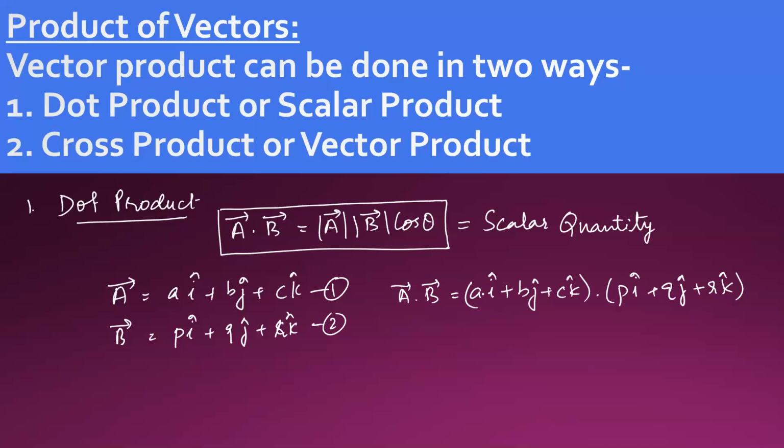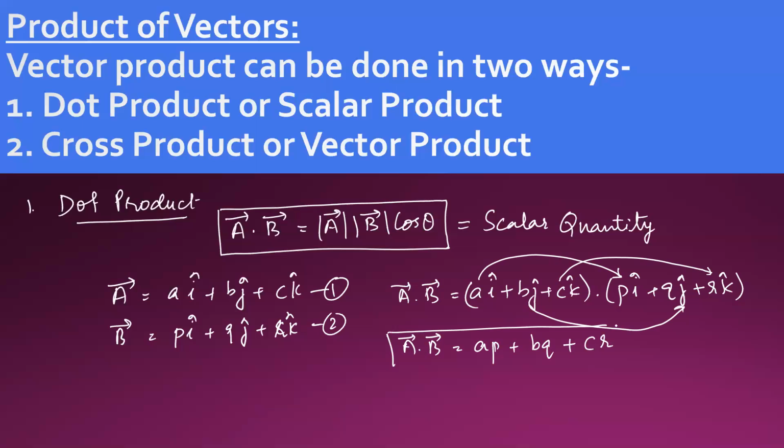What you have to do is multiply the i component with i, j component with j, and k component with k. So A vector dot B vector will be equal to ap plus bq plus cr. This will be the dot product of A dot B.